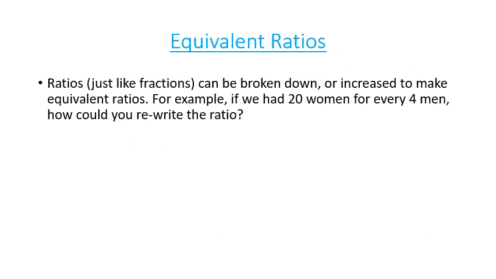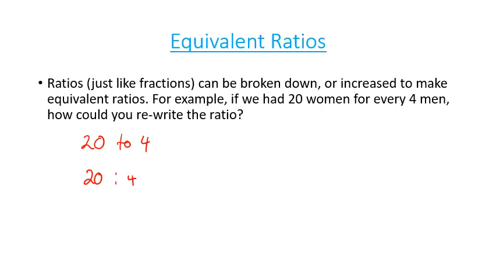So in a similar manner to fractions, ratios can be either broken down or increased to make what we call equivalent ratios. So as an example, let's say if we had 20 women for every 4 men, you would write the ratio of 20 to 4, or you'd write it mathematically like this.